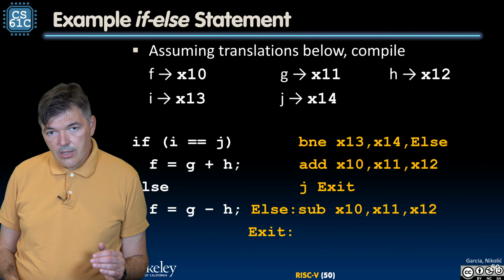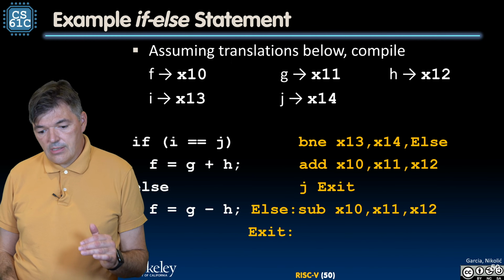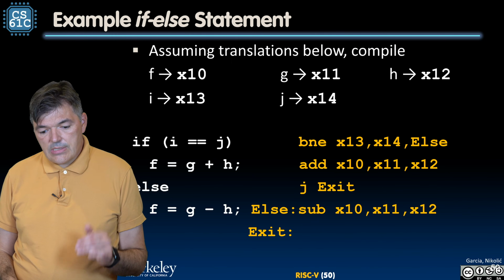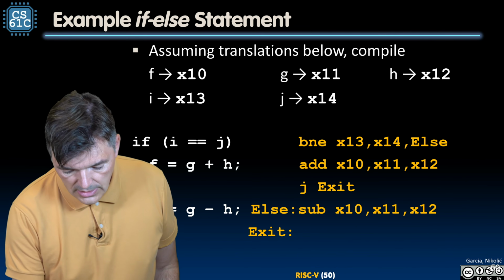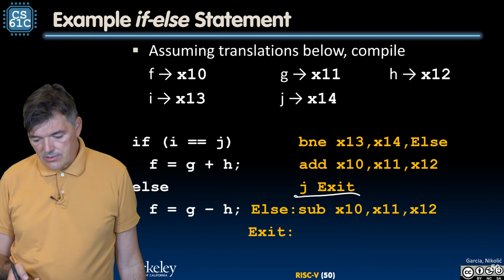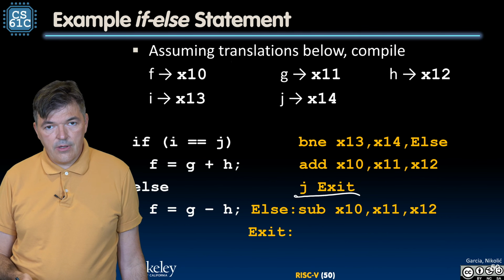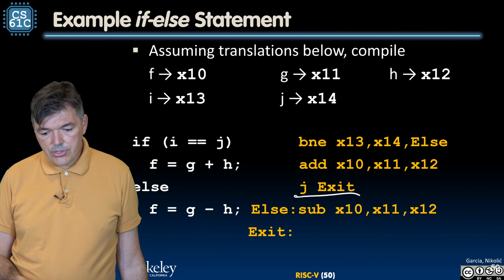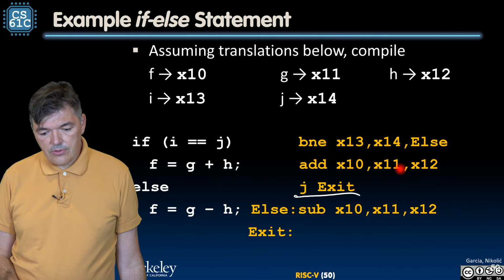Now, there is a common mistake, and I've made it a gazillion times, and that mistake is omitting this j instruction to exit. What happens if we don't have it there? Then, if we don't branch here, we will add the contents of the two registers and put them in x10.